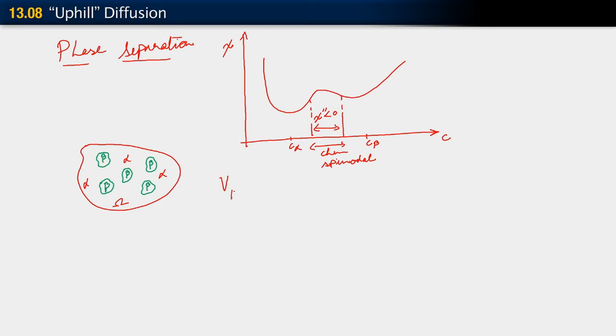V beta is equal to C minus C alpha divided by C beta minus C alpha times the total volume of the mixture, V. And V alpha, the total amount of alpha, is C beta minus C divided by C beta minus C alpha times V. And in this, C is the average concentration.